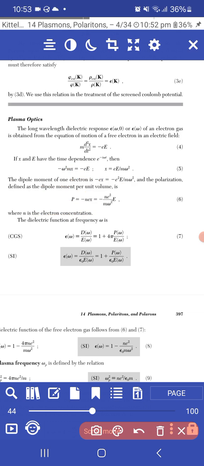The dielectric function at frequency omega is this, so it will always be true.